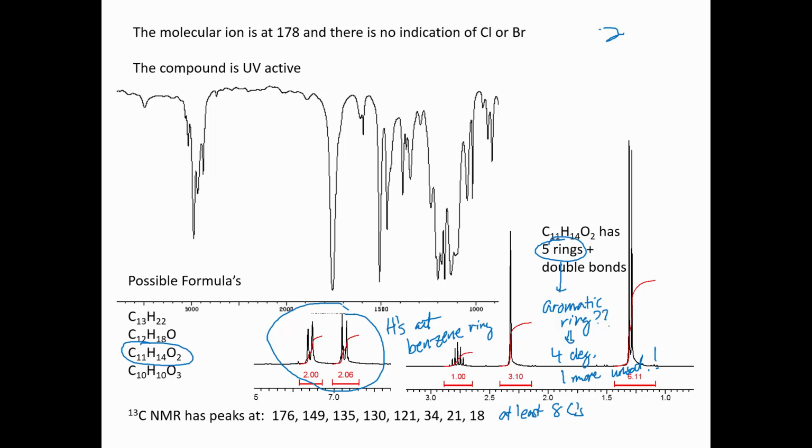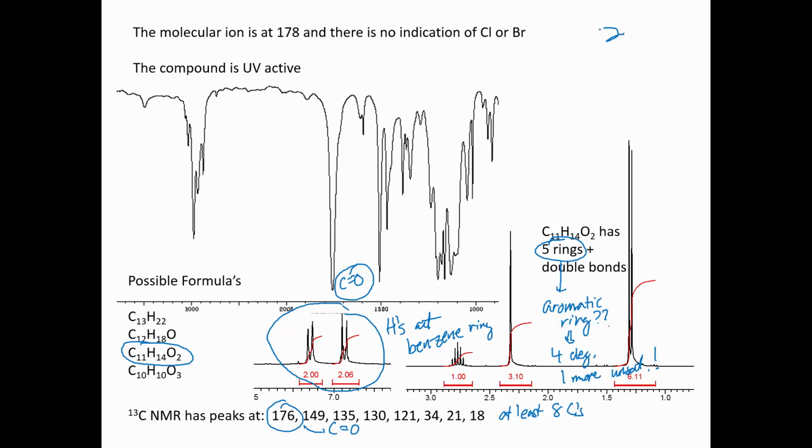Again, it's in the infrared spectrum. That's the C double bond O right here, and right here is also a peak that's consistent with a C double bond O. So this looks to be a compound with a benzene ring and a C double bond O in it.